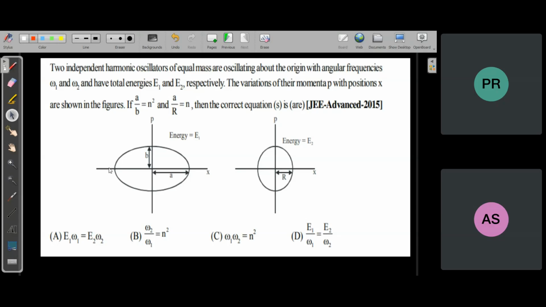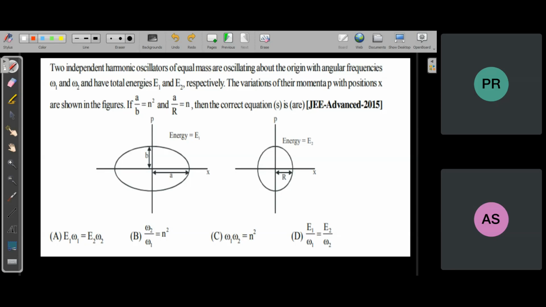So you can write velocity as a function of x equation, and then momentum is nothing but mass into velocity. So write the momentum equation, and then momentum as a function of x. You will see that the equation will be the equation of an ellipse.